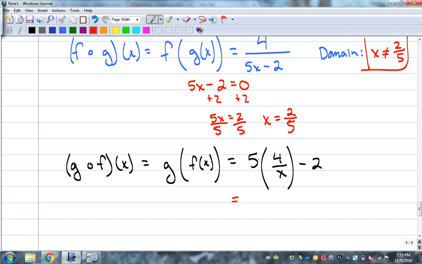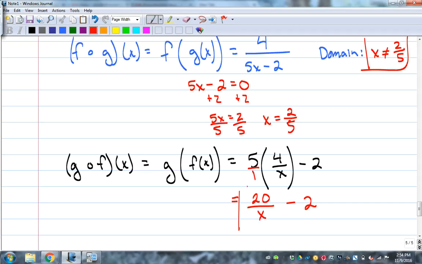Doesn't really make it look better, but it is simplifying of some sort. We can multiply 5, technically 5 over 1 times 4 over x, and get what? Yeah, 20 over x. Doesn't really help things any at all, but it does get us something that looks a little bit better than that. And that's simplified. There's nothing else you could do.